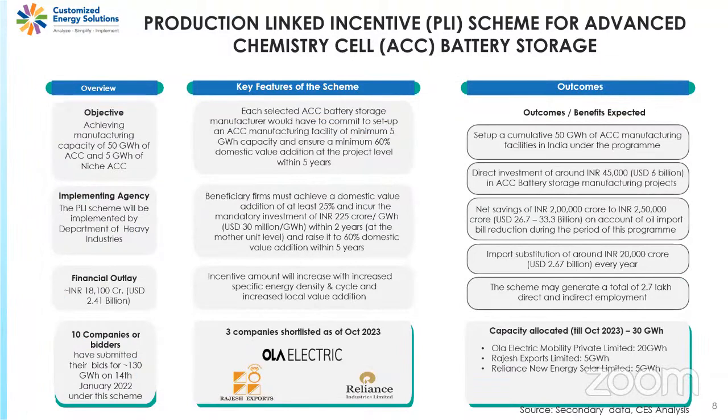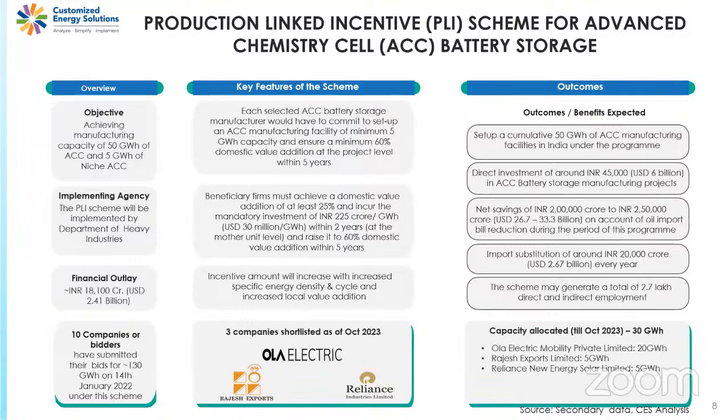Coming to the PLI for advanced cell chemistry battery energy storage scheme. This was intended to achieve a manufacturing capability of 50 gigawatt-hour of ACC, which is advanced cell chemistry, and 5 gigawatt-hour of niche ACC.